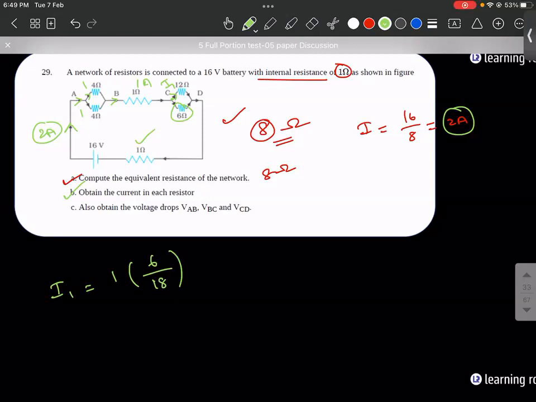Guys, are you able to understand what I wrote? So it will be 1 by 3. I2 is 1 minus 1 by 3, it will be 5 by 3. Obviously, through lesser resistance, more current will flow.